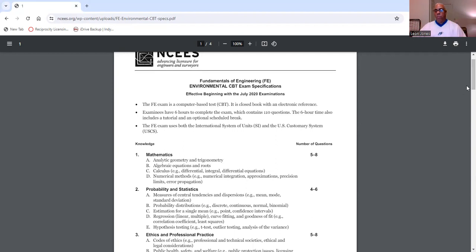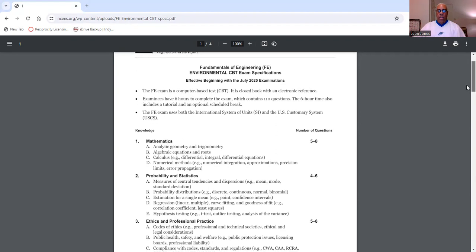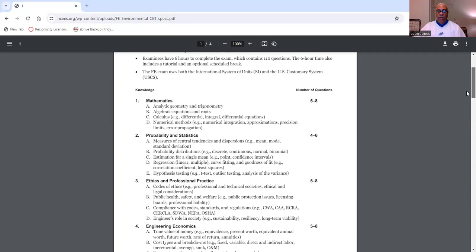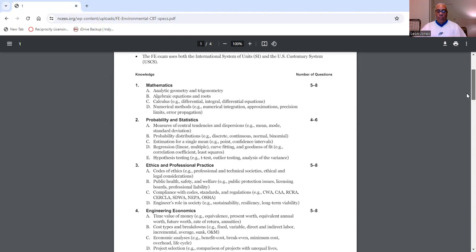Now, talking about the specifications right here, this is the specification that I utilize. Let me tell you why it's a good specification, because it breaks down the different subjects that you need. This is the specs right here. For the environmental, this is going to actually tell you what you're going to study.